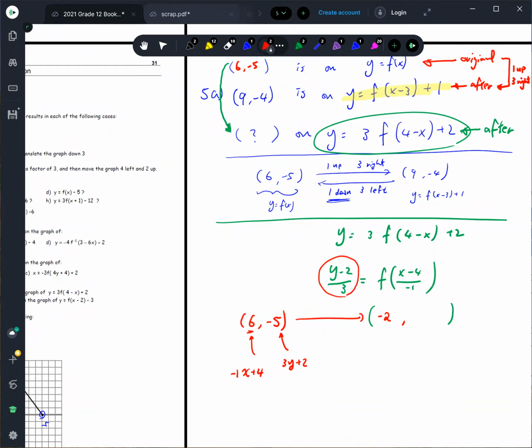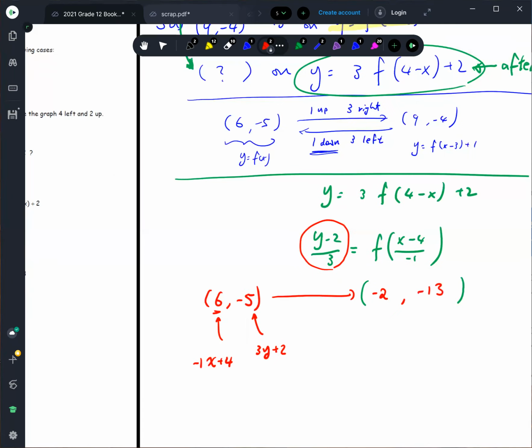Is it negative 13? How did you find that number? Did you use 3y from the bottom equation? So what do you do? 3 times what? 3 times -5, and then plus 2. Yeah, plus 2. Very good.